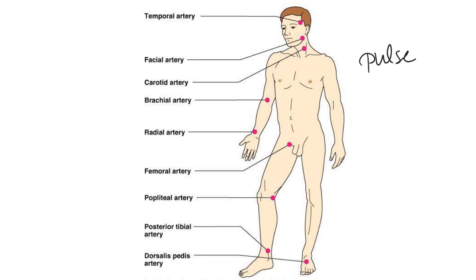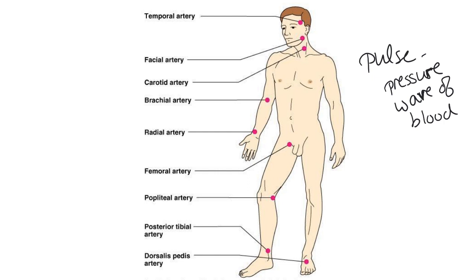Pulse is just a pressure wave of the blood as it flows through. If we really think about it, the blood in the arteries that is coming straight from the heart is coming in waves.